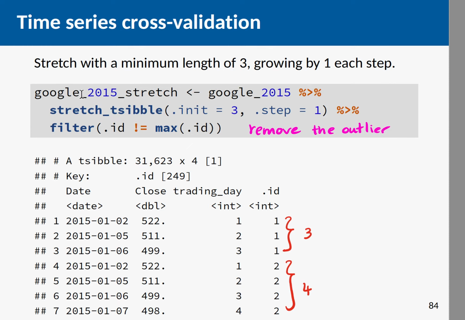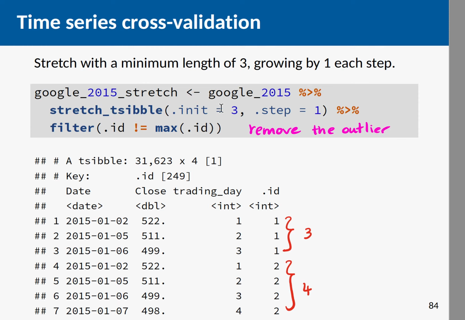Let's deal with the Google 2015 data set and create what we call a stretching tibble. Stretch underscore tsibble would create that. Here we're going to create a new type of training set, which is iteratively going to add one value to the training set.